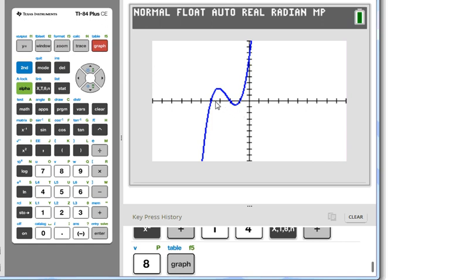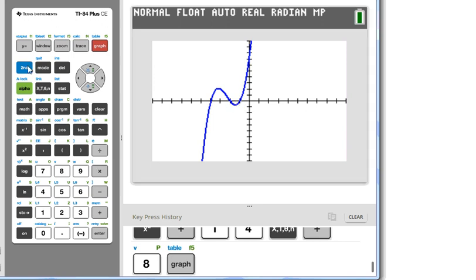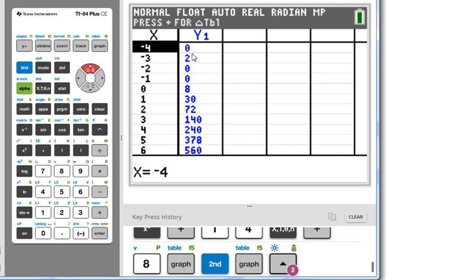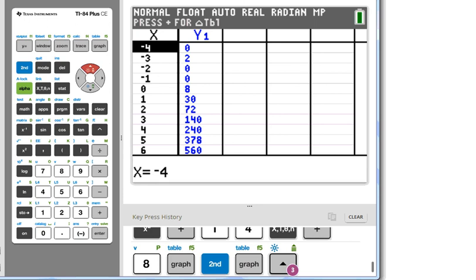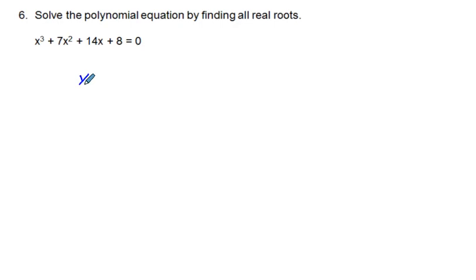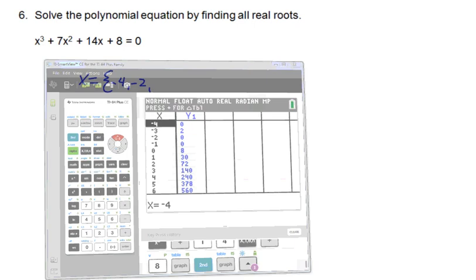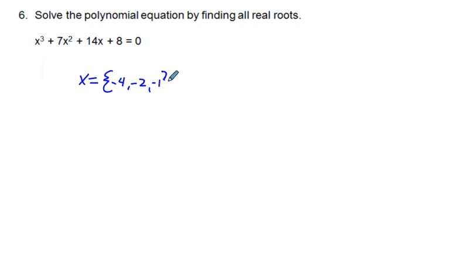Looks like we could probably see them all here. I think negative 4, negative 2, and negative 1. Let's check our table view. Yeah, negative 4 is 0, negative 2 is 0, negative 1. So, by graphing, x is equal to negative 4. And I'll just put this in set notation: negative 4, negative 2, and negative 1. So there we go.